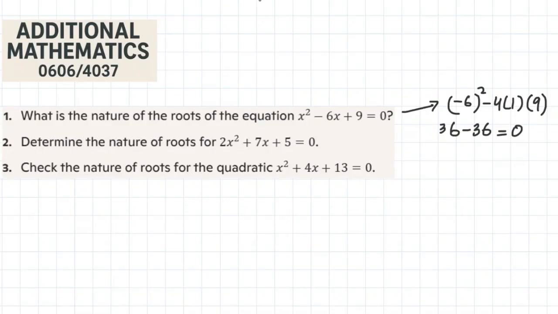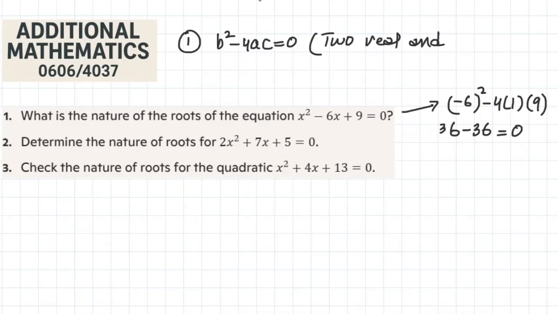So when you have a 0 discriminant, take your notes: when b squared minus 4ac is equal to 0, you will always have two real and equal roots. You can either say equal or repeated or same, it's up to you. We'll discuss how the graph of this equation looks in the next part.